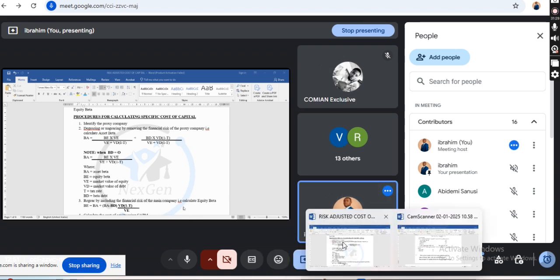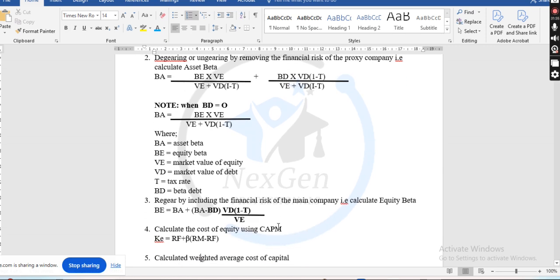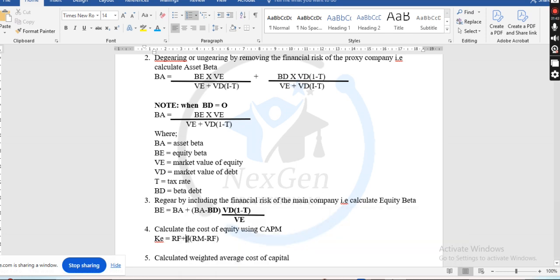So next is you calculate the cost of equity using the what? The capital asset pricing model. Now, class, using the what? The capital asset pricing model, right?